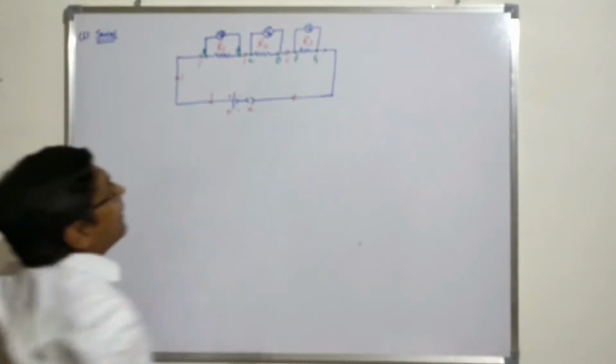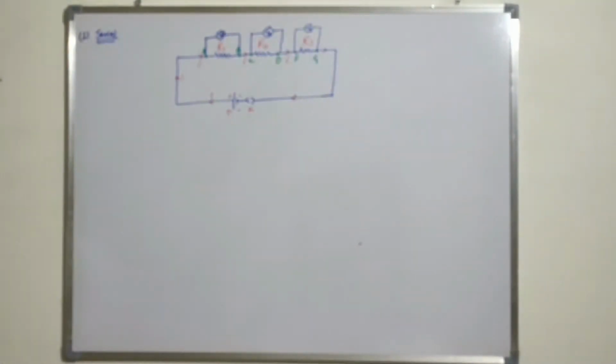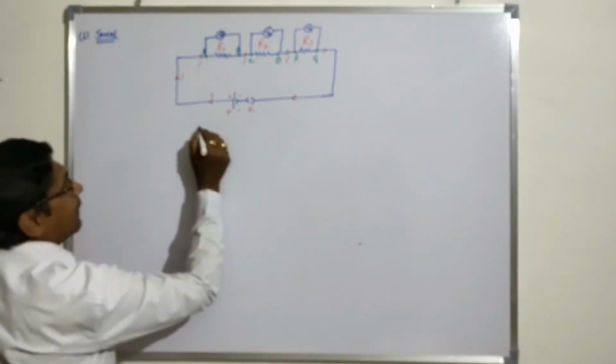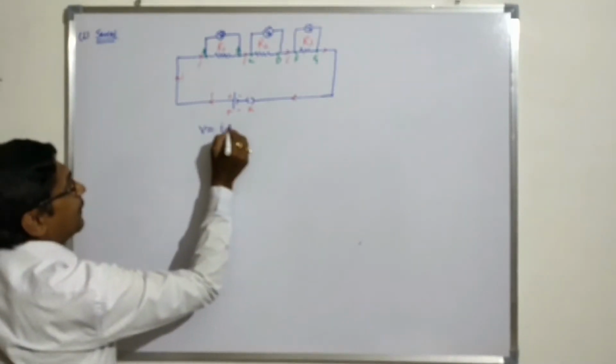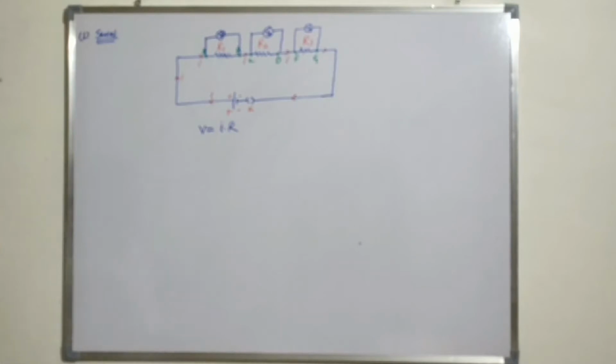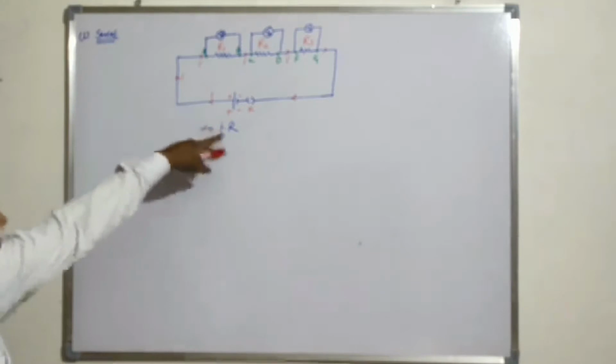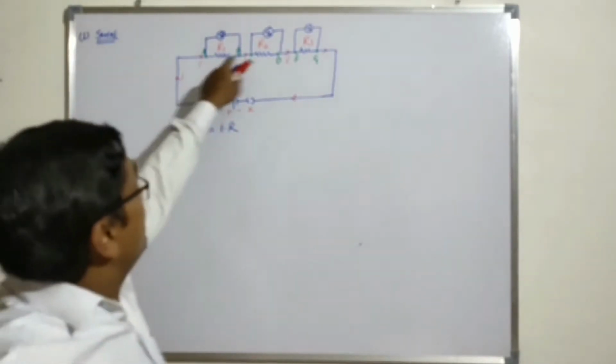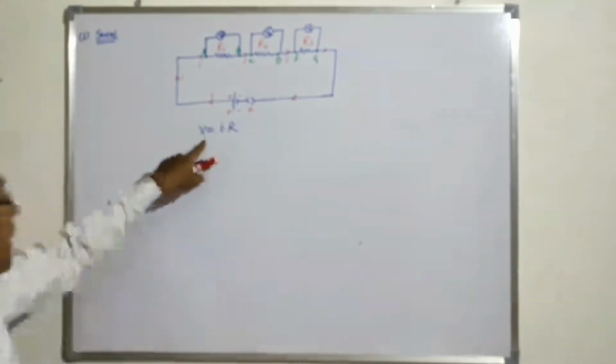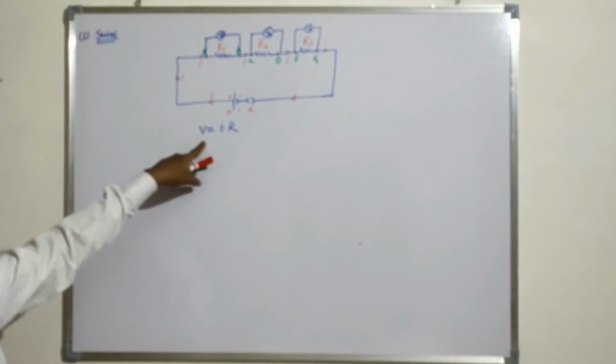In series combination, according to Ohm's law, V equals I into R. The current is the same in each resistor, so the value of I is constant. But the resistance values are different, so the potential at every resistor can be different.